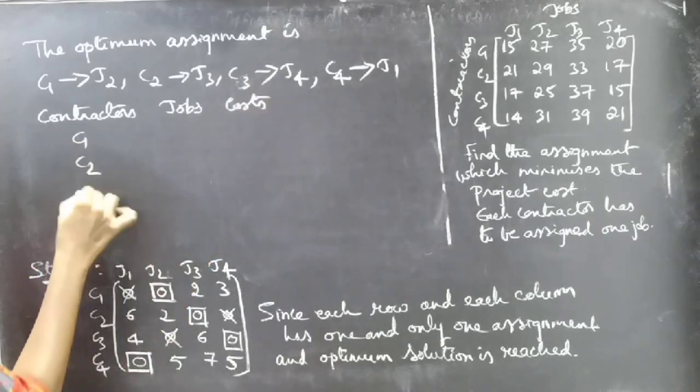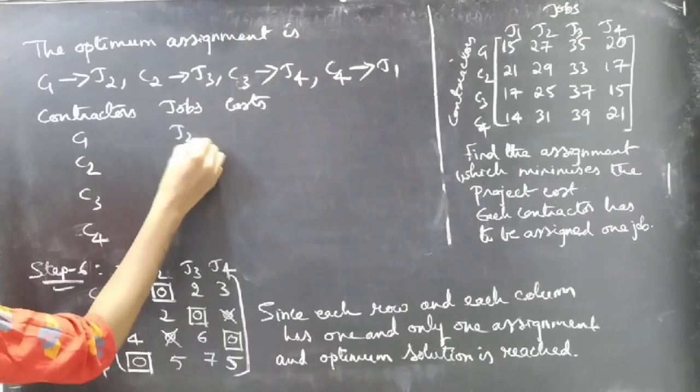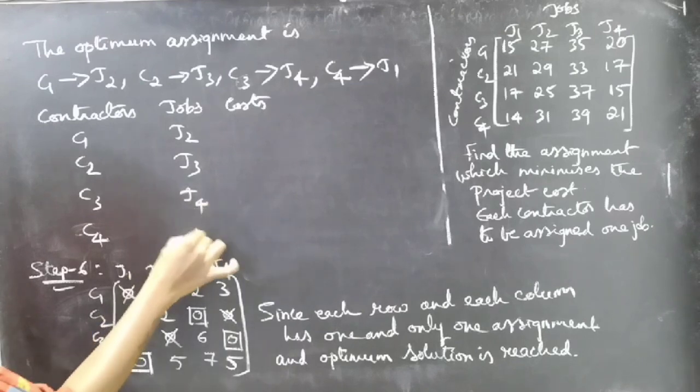Contractors C1, C2, C3, C4. Jobs J2, J3, J4, J1.